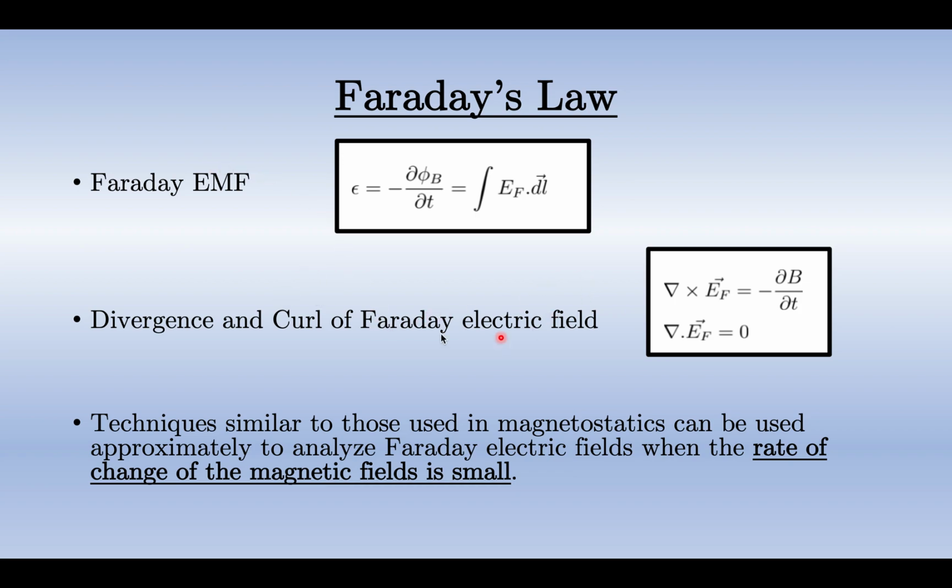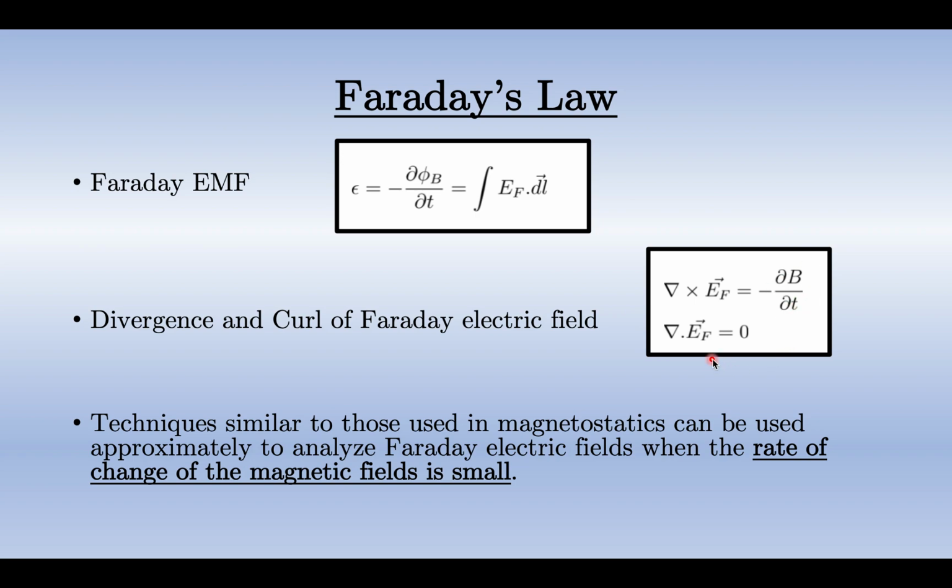The properties of the Faraday electric field are different from those of a Coulomb electric field, in the sense that for this to actually work, the curl has to be the negative partial derivative of the magnetic field with respect to time, and the divergence has to equal 0. So this is very similar to a magnetic field in some sense, but there are a few differences as well, because we can't exactly apply the same techniques in many cases because of this time derivative.